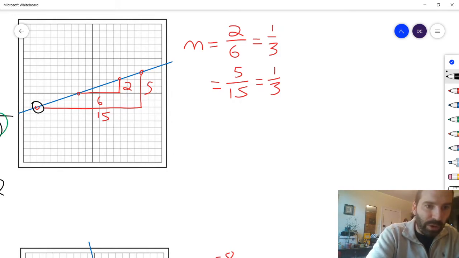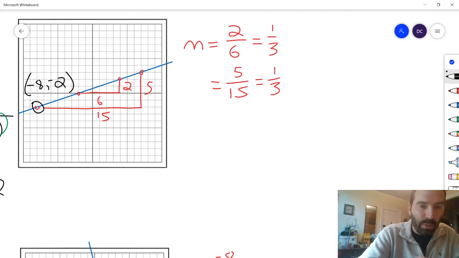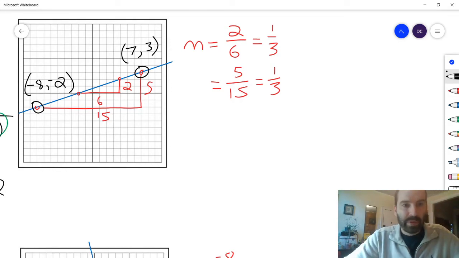Let's just write down the coordinates. Okay, so what are the coordinates? 1, 2, 3, 4, 5, 6, 7, 8. It's negative 8, negative 2. That's the coordinates for that point. And the coordinates for this point are 1, 2, 3, 4, 5, 6, 7, 3. Okay, those are the coordinates.